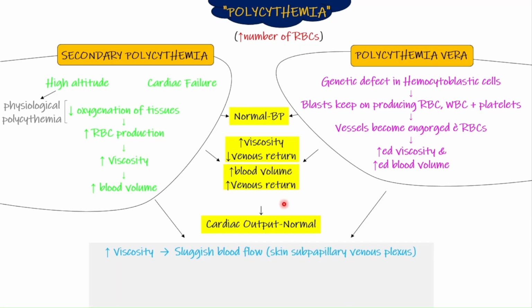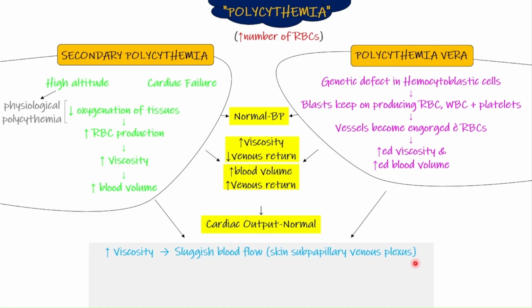But what is happening is that whenever the viscosity of the blood is increased, there will be slow blood flow. There will be sluggish blood flow, especially in the skin subpapillary venous plexus. So underneath the skin, we have the subpapillary venous plexus.